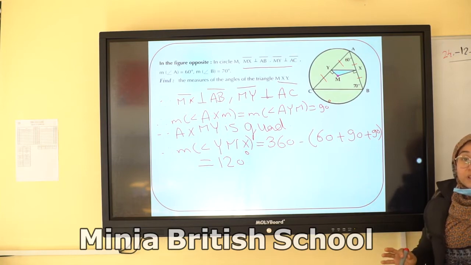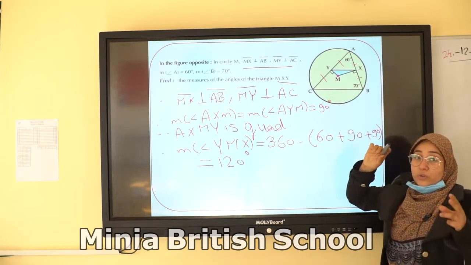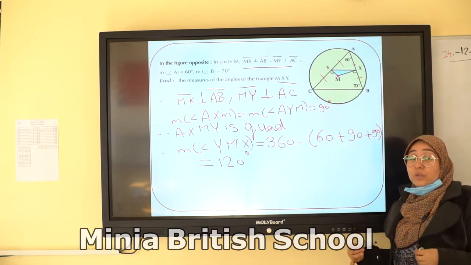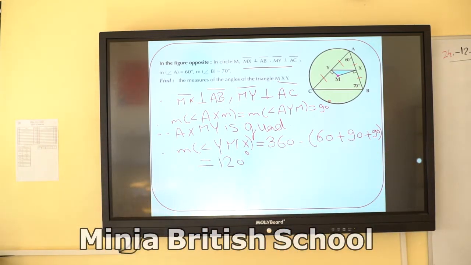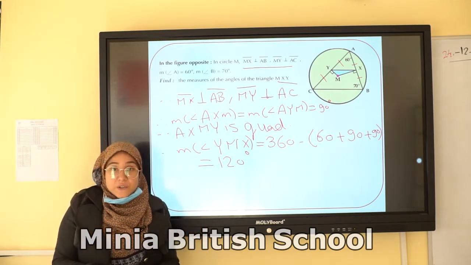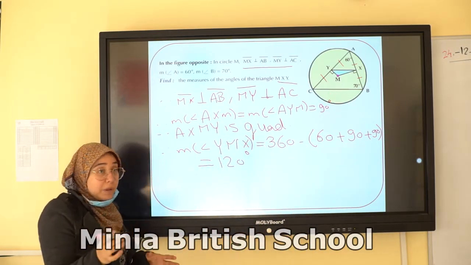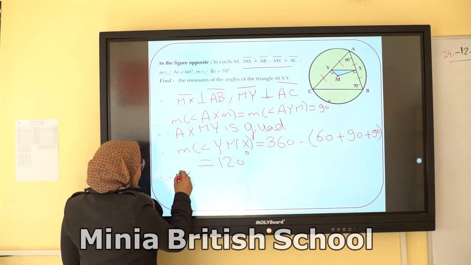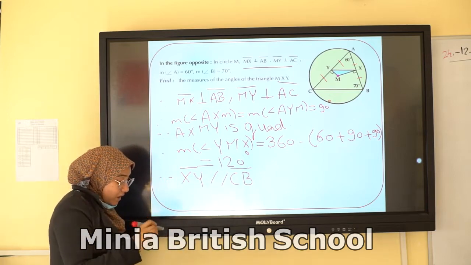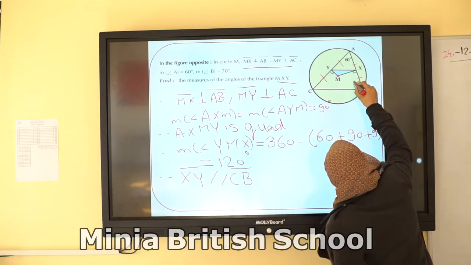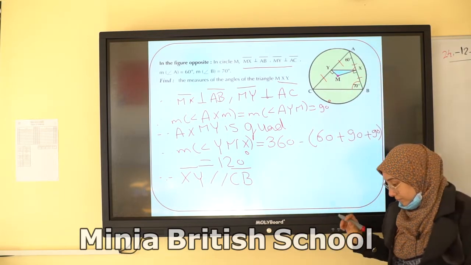Now, from grade 7, we know the line segment joining the midpoints of two sides of a triangle is parallel to the third side. So XY is parallel to CB.